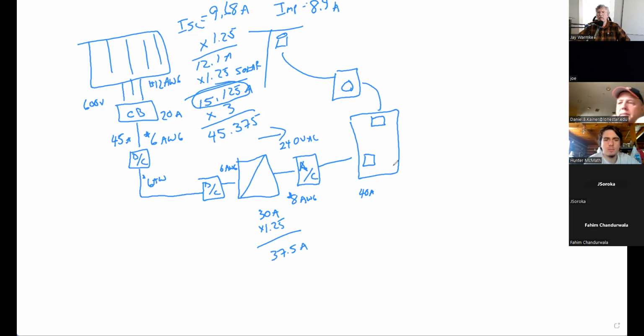Also, I do apologize, but how did you get the 30 amps coming out again? Sorry, I missed that. I said I'm looking at the specifications of the inverter, and I just made up a number. I said, all right, the inverter is saying its maximum output is 30 amps. If that's the case, we could figure out what size inverter that would be.